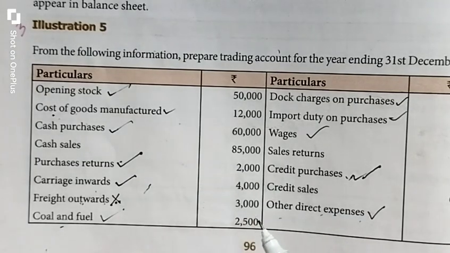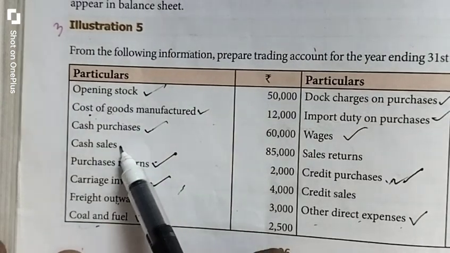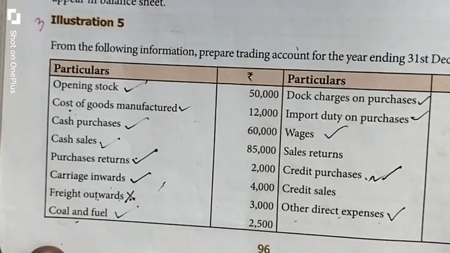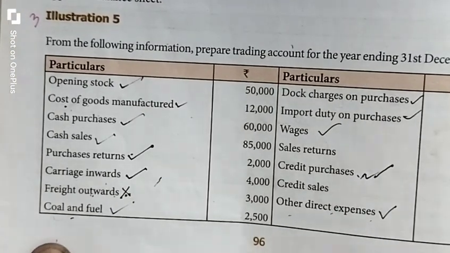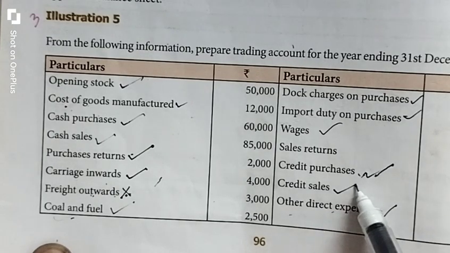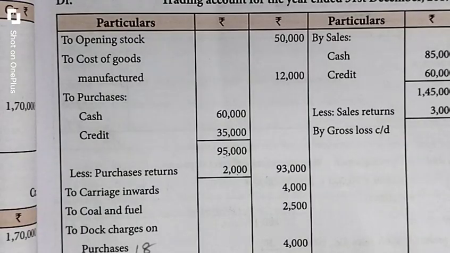Let's take cash sales. If they have given cash sales, credit sales should also be given. Listen, here credit sales are also given. So for that we have to enter cash sales and credit sales on the credit side of the trading account. Listen, let's take the debit side.